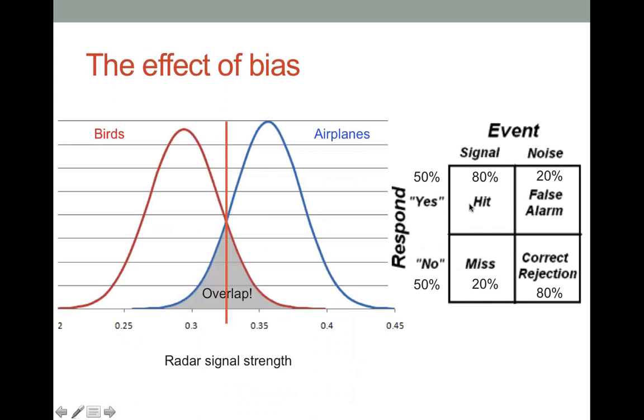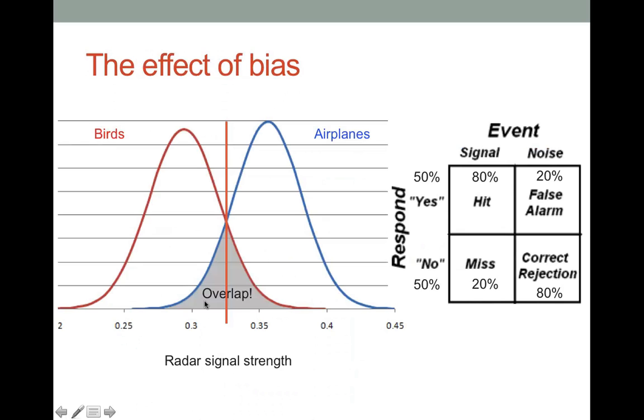And then I've got a rough breakdown over here of hits, misses, false alarms, correct rejections. Looking at this graph, let's just look at the airplane distribution, or the signal distribution. I'm going to call all the area of that distribution to the right of the criterion a hit. And I'll say that's roughly 80% of the distribution.